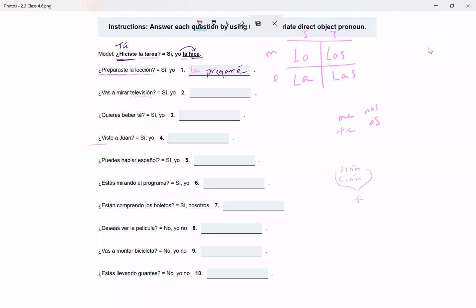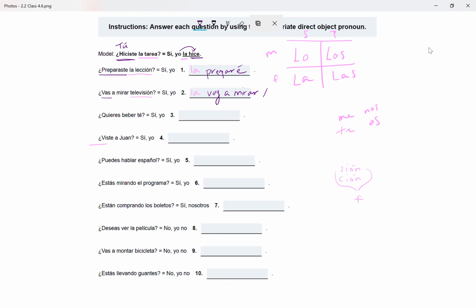So televisión is a feminine word. So in our answer, we're going to have yo, la. And then what's our conjugated verb here? Mirar is not conjugated. Vas. And what's the yo form of vas? Voy. Good. Voy a mirar.